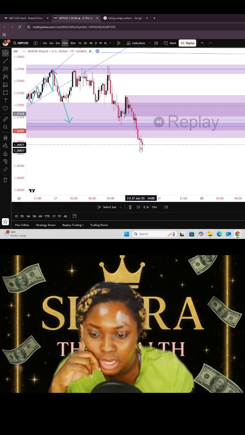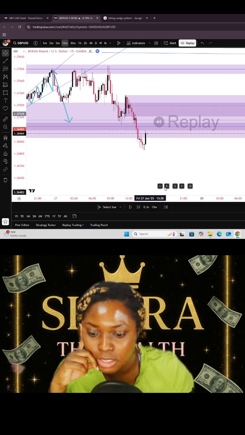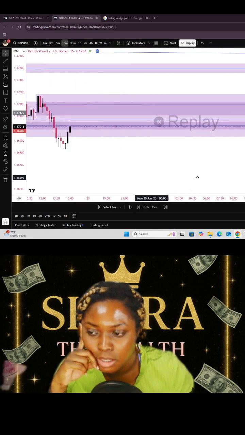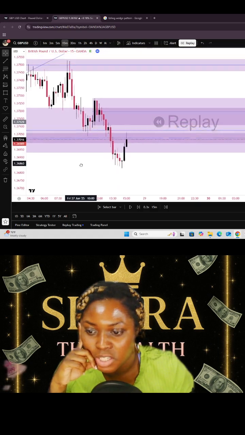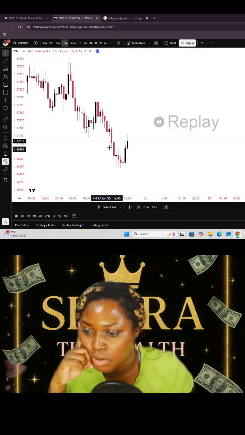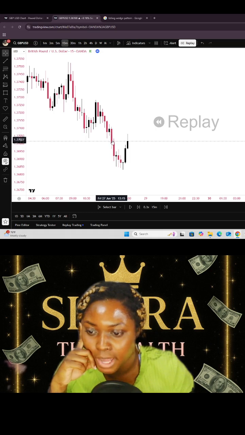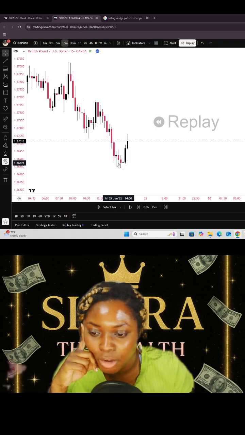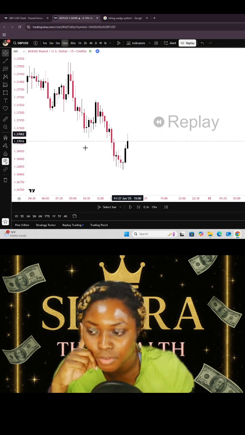Looks like we're getting some type of wick exhaustion here. You see how these candlesticks were impulsive. We had a lot of bear movement. Now these candlesticks are getting smaller. And then we got that pin bar. So price decided to give us our retracement.